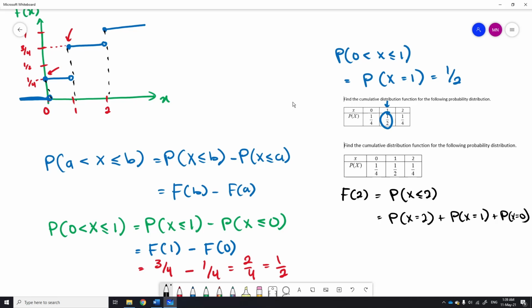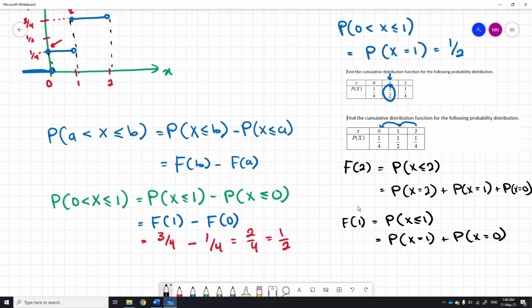Each one of these, you go back from 2 to 1 and then until 0. That is for F(2). If the question says F(1), that is the probability of x less than or equal to 1, meaning the probability of x equal to 1 and the probability of x equal to 0.